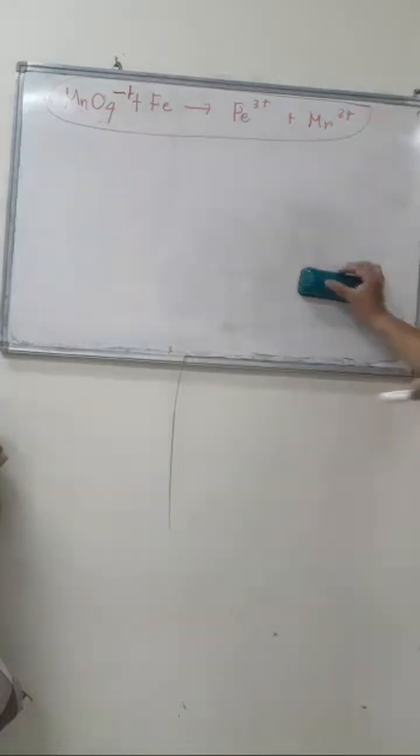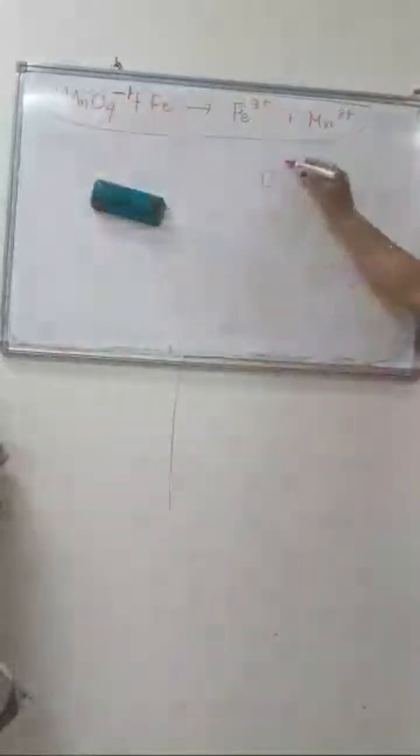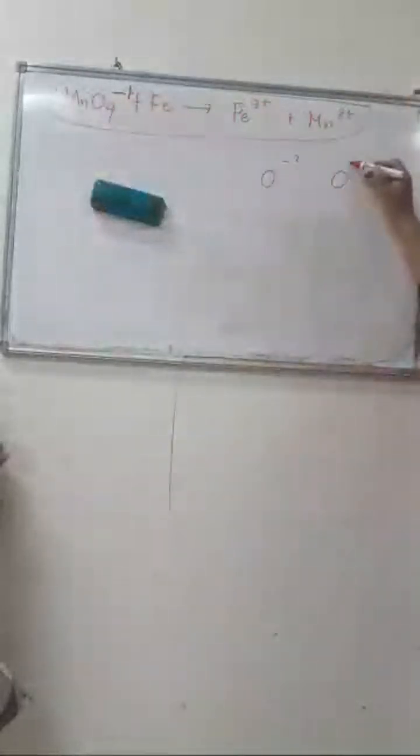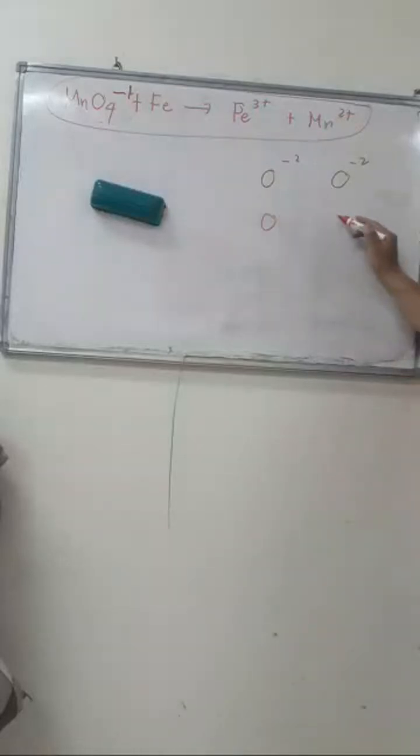For example, oxygen is -2, and the charge is also -2, so both the charge and the oxidation state are the same. But if I say oxygen gas, there is now a subscript, so you can never automatically say they're equal all throughout.